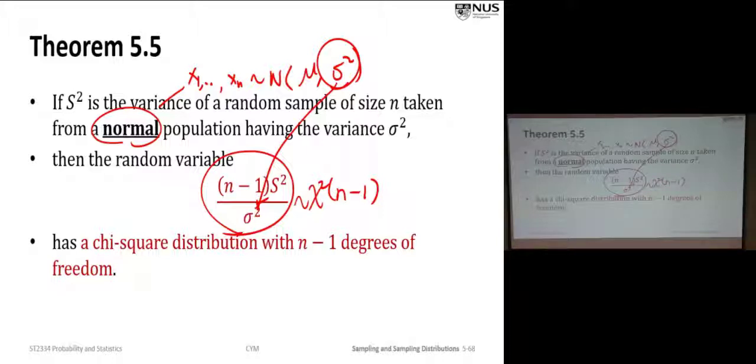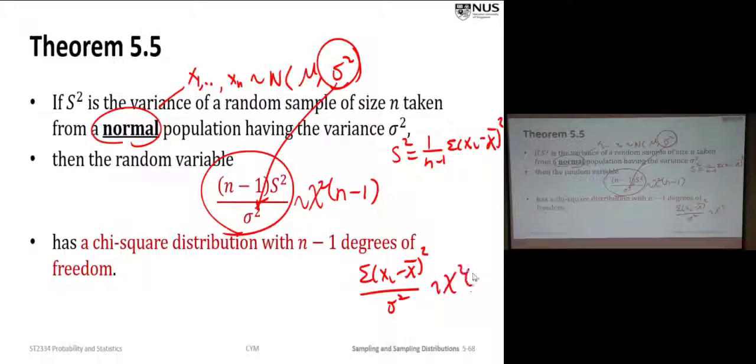Now if you recall the definition of S square, which is 1 over n-1 summation of xi minus x bar square, that is the sample variance formula. So n-1 S square basically is the summation of xi minus x bar square over sigma square, which follows a chi-square distribution with n-1 degrees of freedom. They are just the same expression.